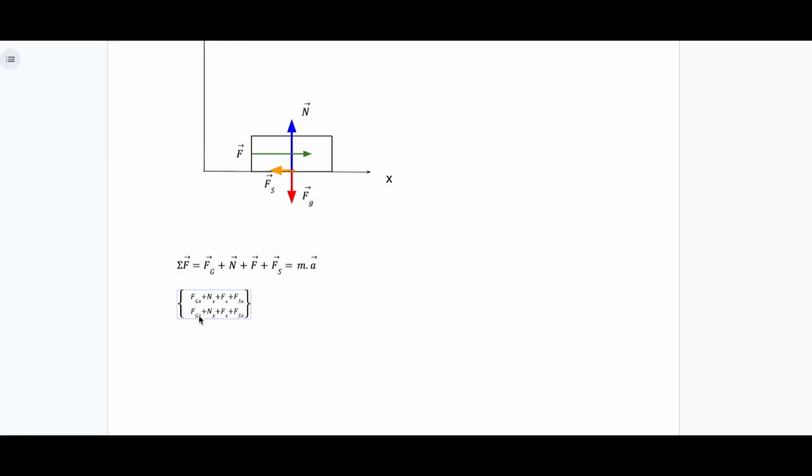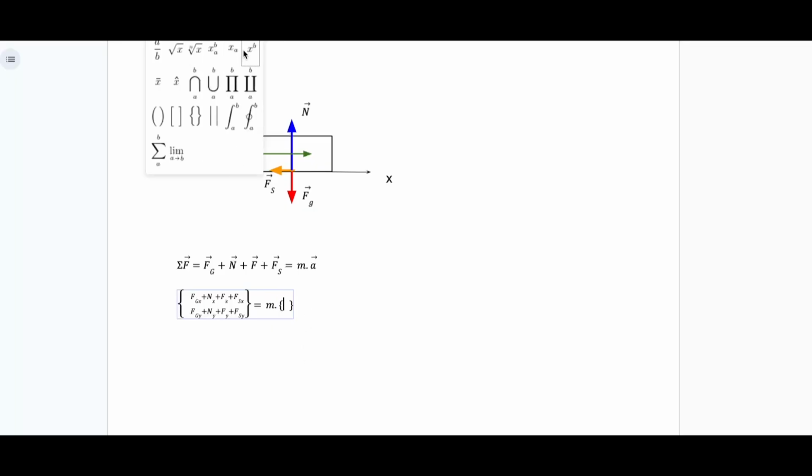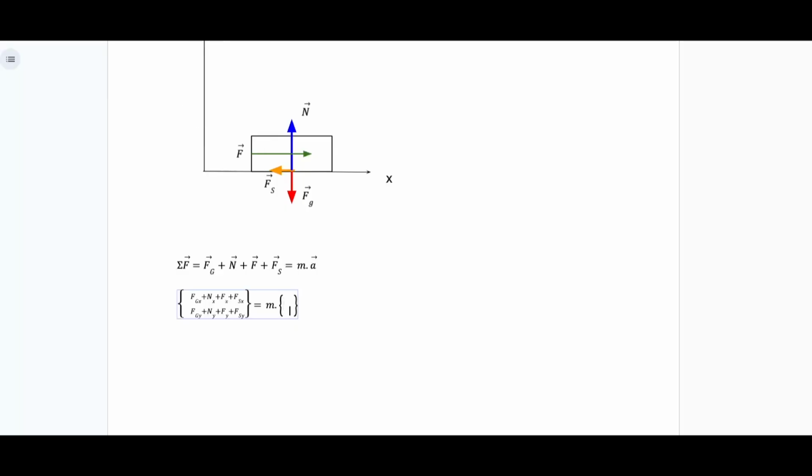So I'm just going to replace the x's with y's. So once we projected all our forces, this is equal to m, which can be taken out of the matrix, and in the matrix it's going to be ax and ay.